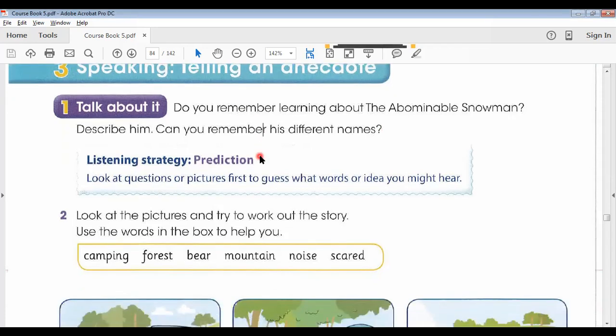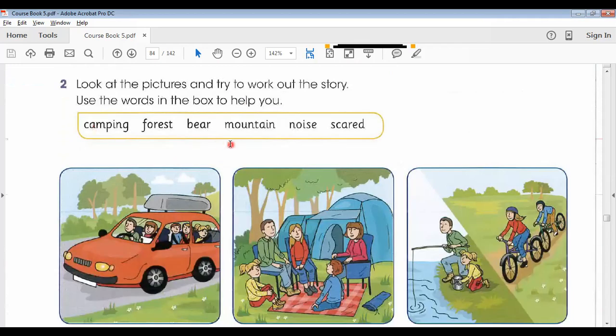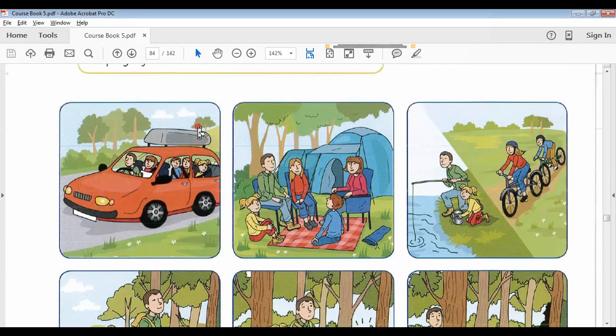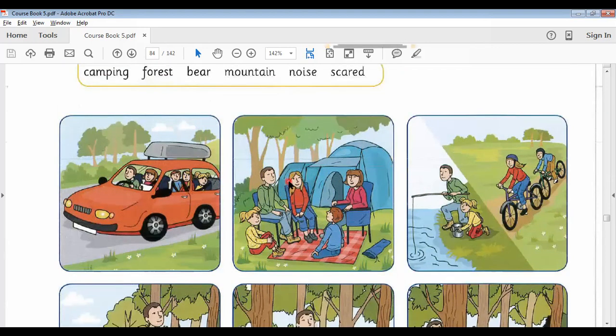After that, we discussed the prediction. I asked them to look at the words and these pictures and predict what's going to happen in the story. So the students participated and they predicted very well. They said that a family is going for a picnic, for a camping tour. They set up a camp in the woods.